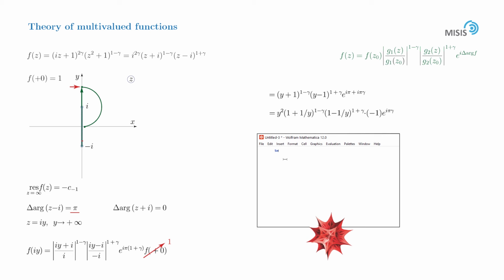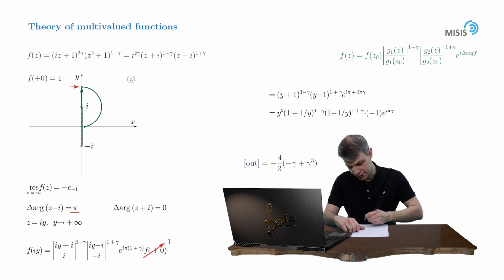We write down series coefficient of (1 minus 1 over y) to the power of 1 plus gamma, times (1 plus 1 over y) to the power of 1 minus gamma. And we need to find the expansion at infinity, and the order is 3. And here we go. And alright, here is our expansion coefficient.